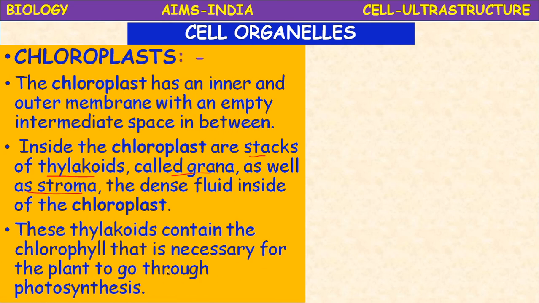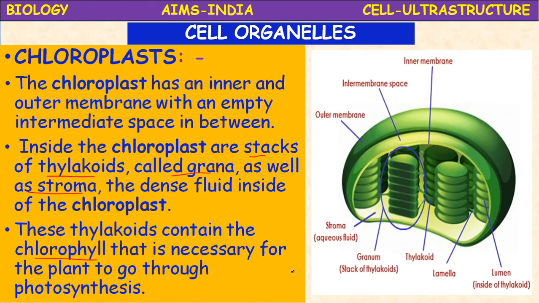These thylakoids are thick and green in color, so they contain a pigment called chlorophyll. The green pigment is present in the thylakoids or grana region. It is called chlorophyll, which is necessary for the plant to go through an important process, photosynthesis.